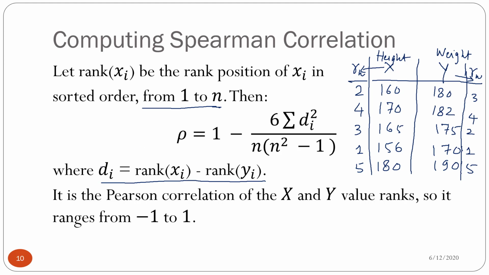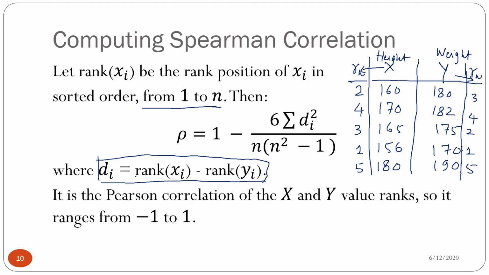So the di factor that you have here in the Spearman correlation coefficient will find the difference in the rank of these two attributes in your data, between which you want to find the Spearman correlation.